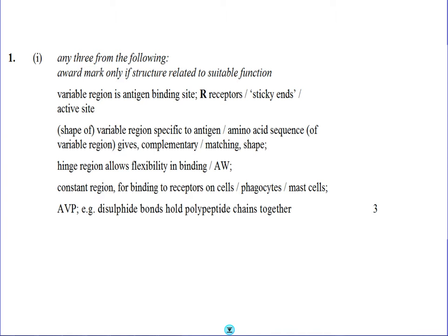So what that's saying there is that if I have said there are disulfide bonds and that enables the binding to an antigen, but I've not qualified it talking about the variable region, etc., that wouldn't be specific enough. So you can see those and you can read them and have a look and just pause the video and work through it. But that's maybe how you answer a question on that particular area, but this could be any topic and works for the same thing.